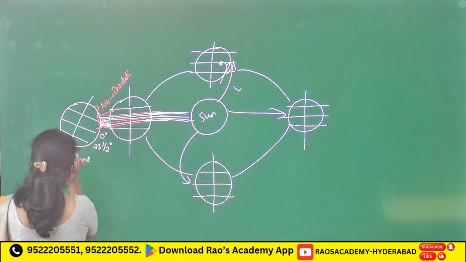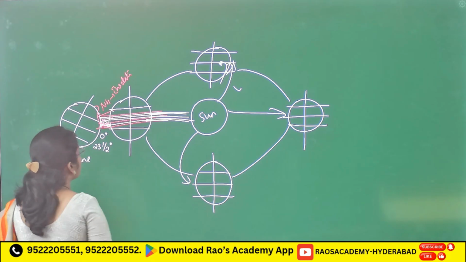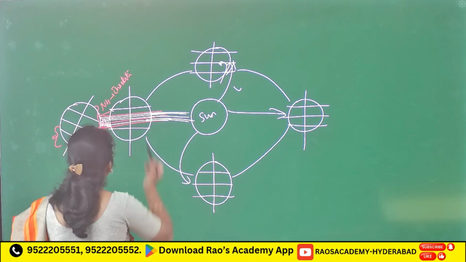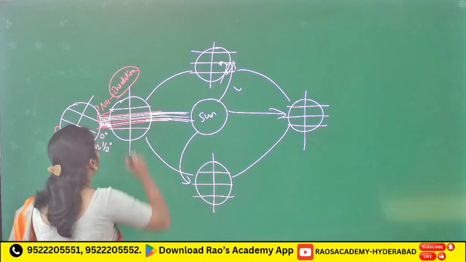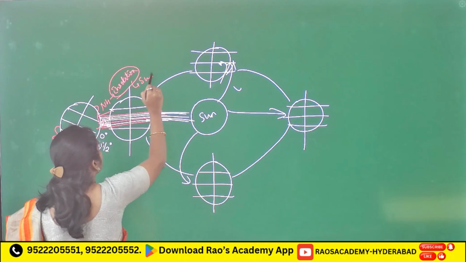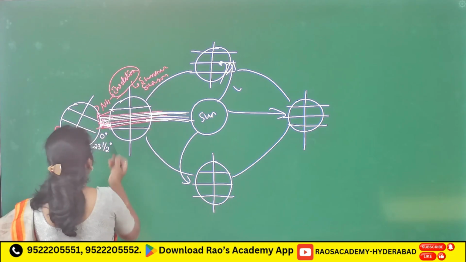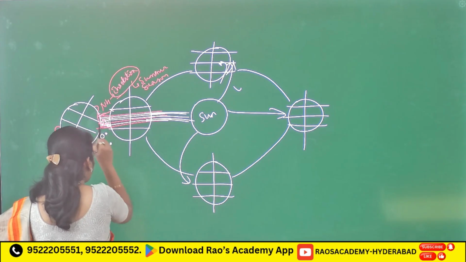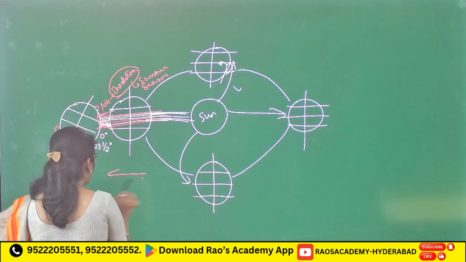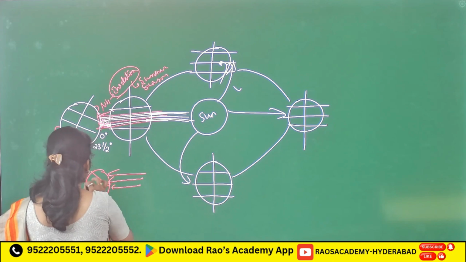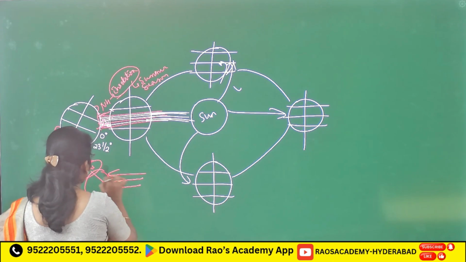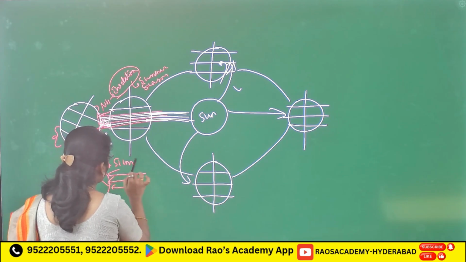Here the southern hemisphere gets less insolation compared to the northern hemisphere, and because of this more insolation you will see summer season in the northern hemisphere, and because of this vertical rays over the Tropic of Cancer around June, what we will call summer solstice.